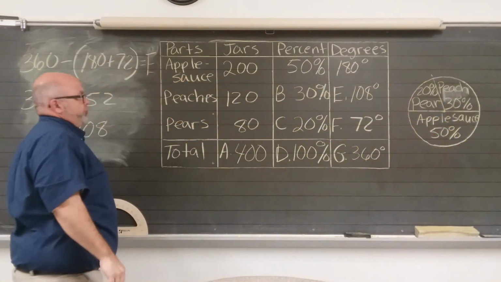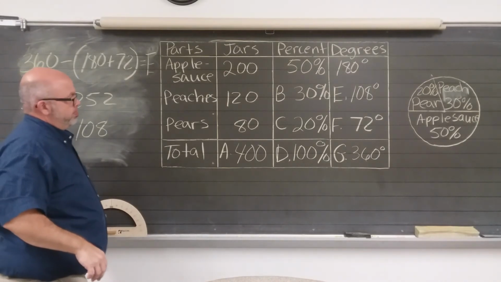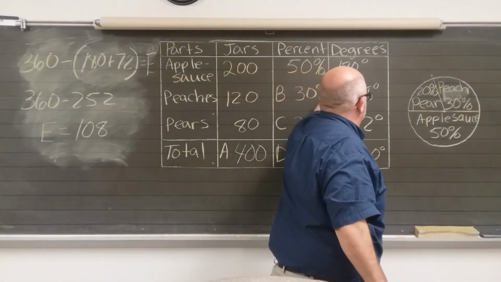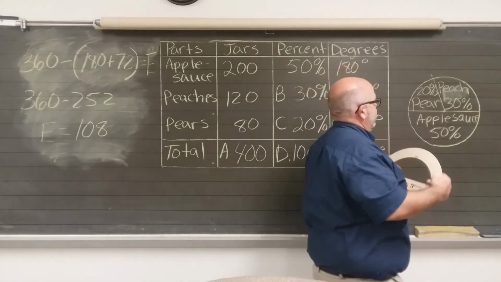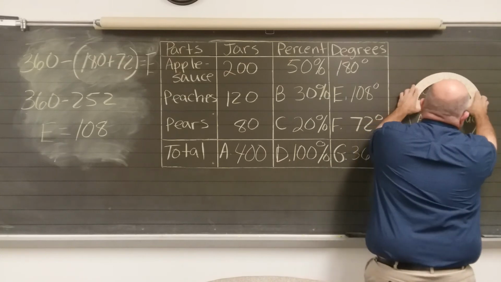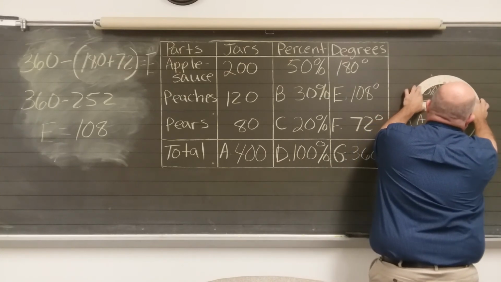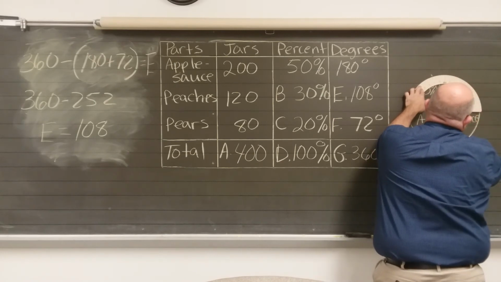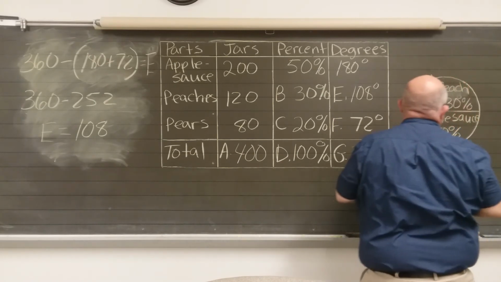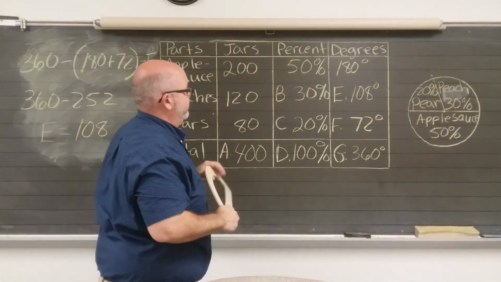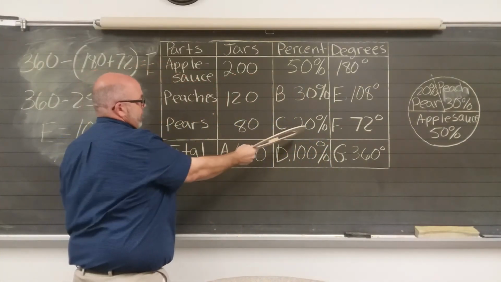And that is what those charts are all about. Okay? If you did not have a 180-degree angle, you make a line to the center. Draw a radius first, and then draw your 72-degree angle or whatever you have. All right? Check it out. See if it makes sense. Are the pears the least amount?